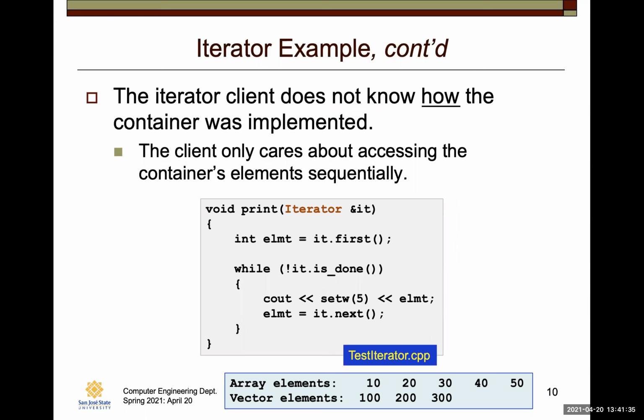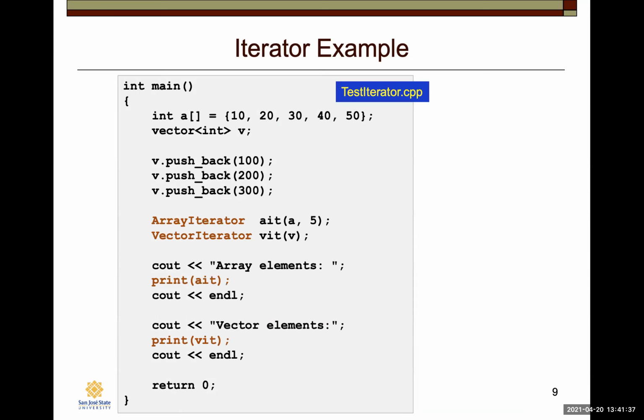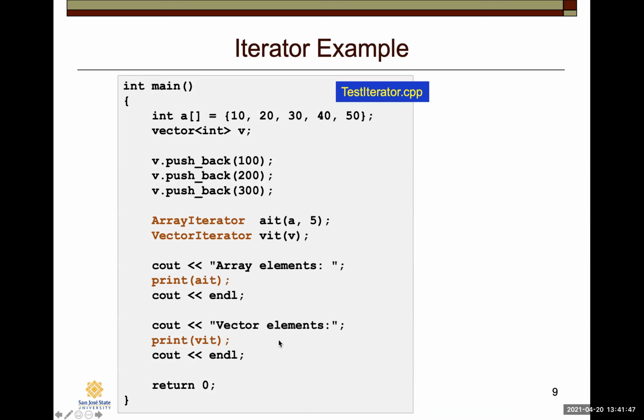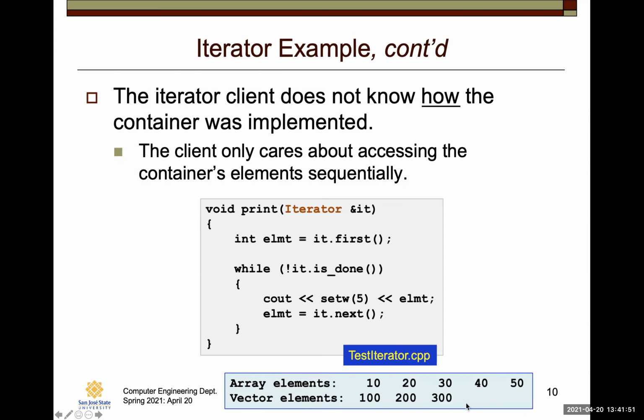The first time I call print, I'm passing in the array iterator, and sure enough, I get the array values printed out. The second time I call print, I'm passing in the vector iterator, and there are the vector's elements. So this print function can handle any iterator.